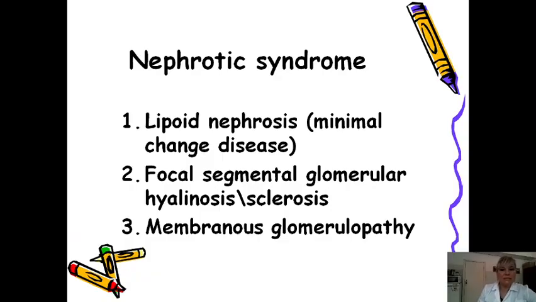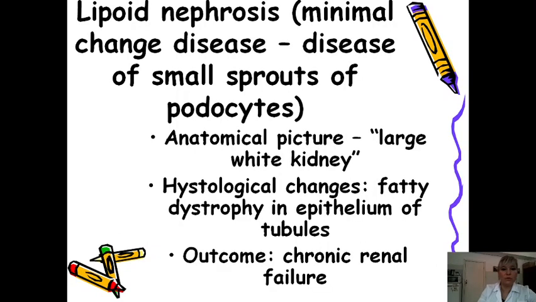The next syndrome, nephrotic syndrome. This syndrome includes 3 diseases: lipoid nephrosis or minimal change disease, focal segmental glomerular hyalinosis or sclerosis, and membranous glomerulopathy. What about lipoid nephrosis or minimal change disease? Disease of small sprouts of podocytes.